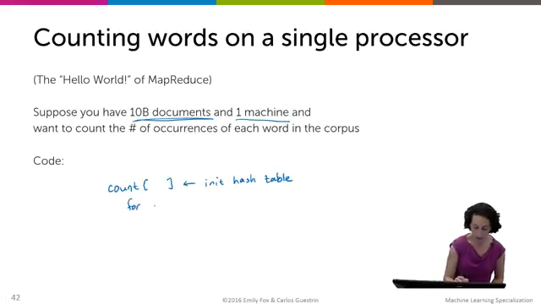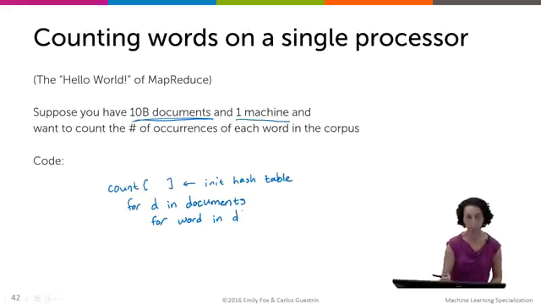Then for every document D in our corpus, which we'll call the set of documents, and for every word in document D, we're simply going to increment our count of this word.